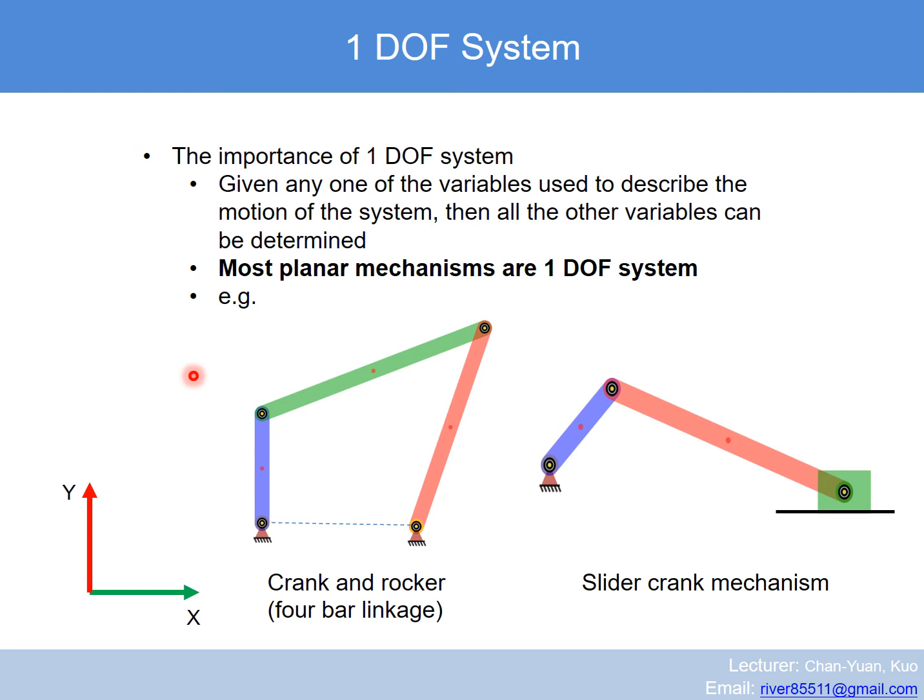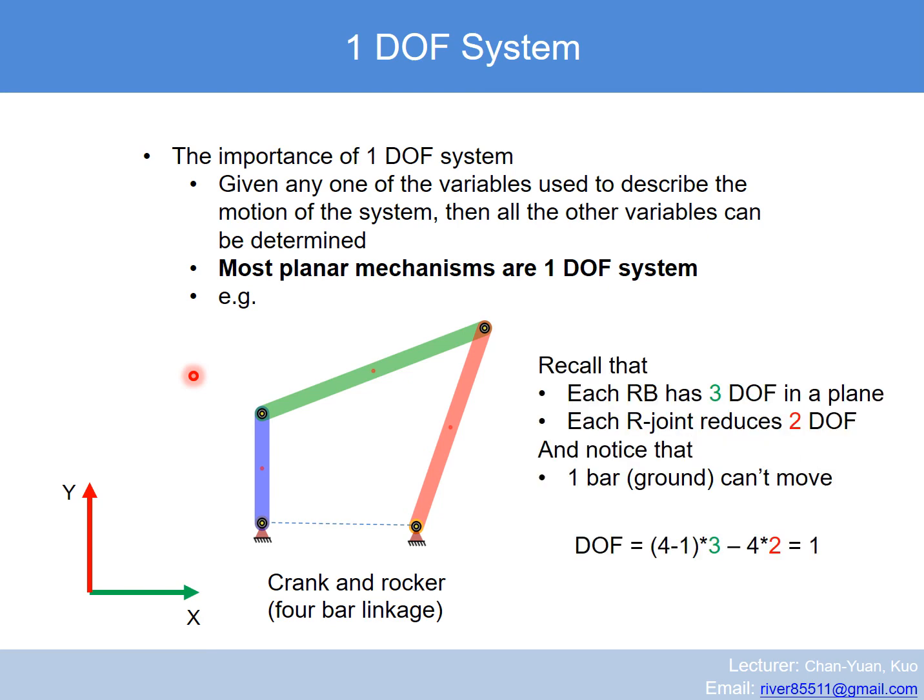You may be wondering why these mechanisms are 1DOF systems. Therefore, now let's take a look at the crank and rocker mechanism first. For a crank and rocker mechanism, there will be 4 bars and 4 revolution joints in total. And recall the fact that each bar has 3 degrees of freedom under the assumption that the bars are rigid bodies.